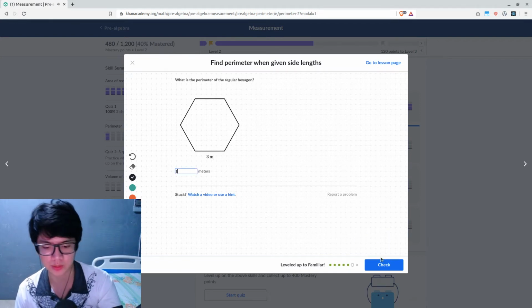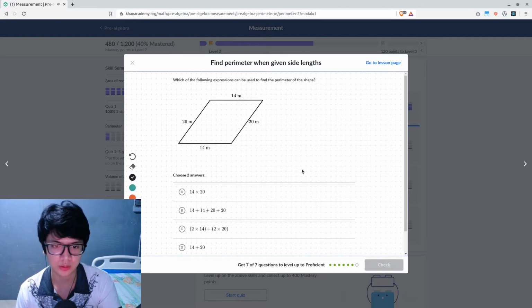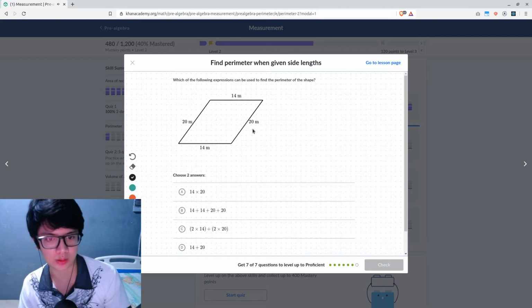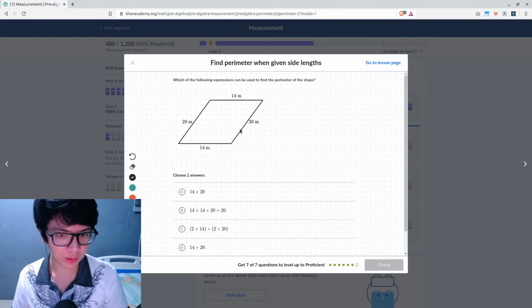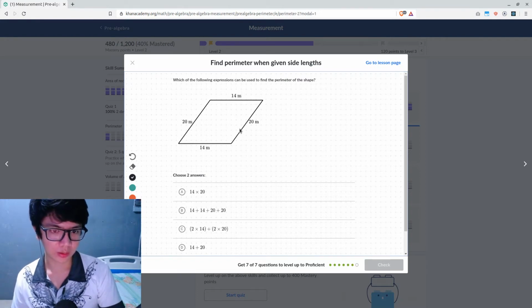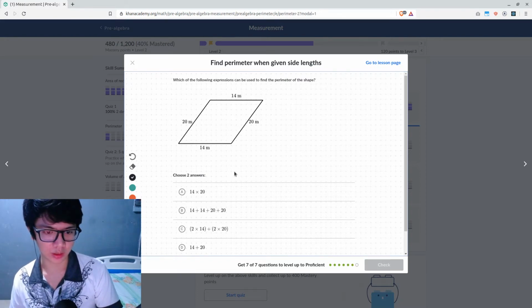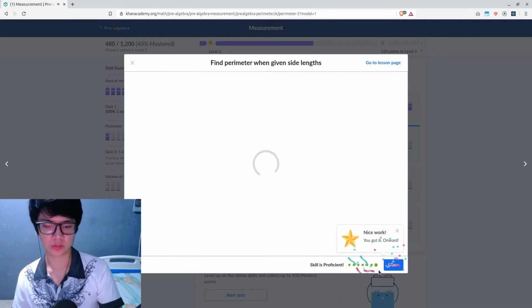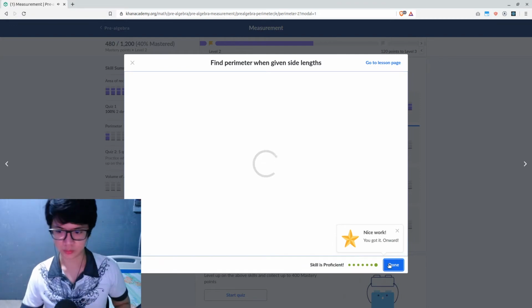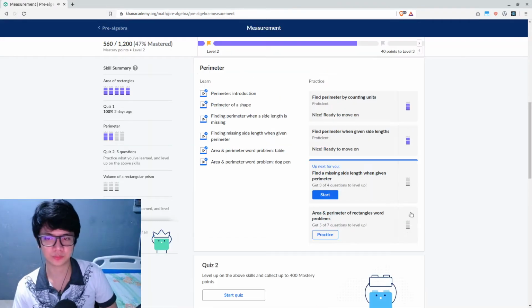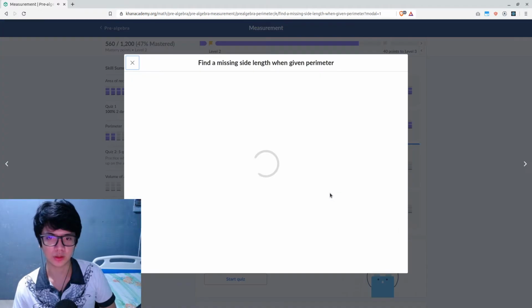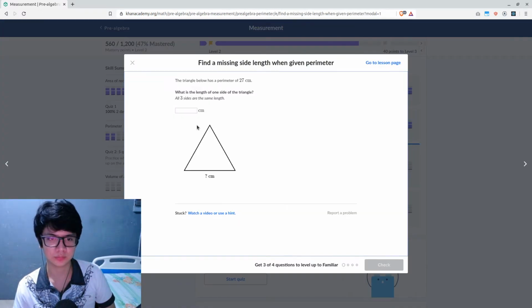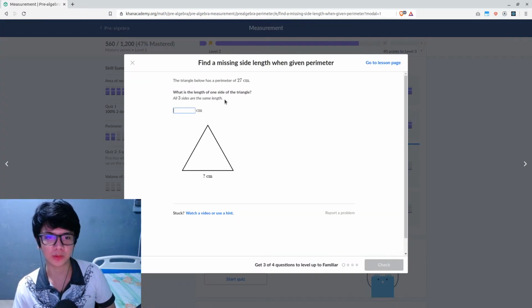Hexagon, 3 times 6 is 18. What's this? 20, 80, 40 plus 28, 68. Okay. Two answers. Amazing, cool. The triangle below has a perimeter of 27. What is its side?